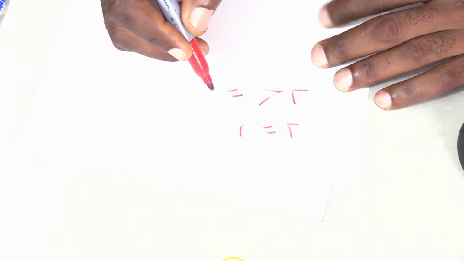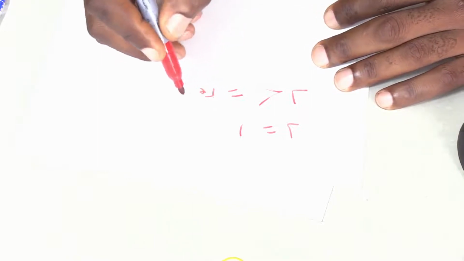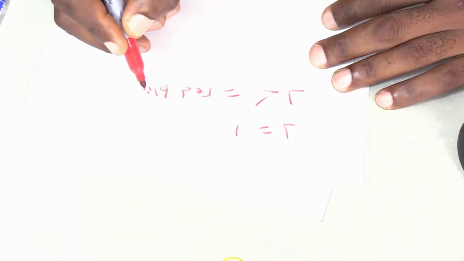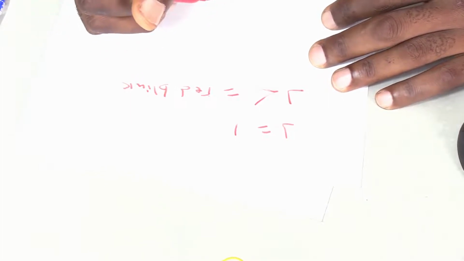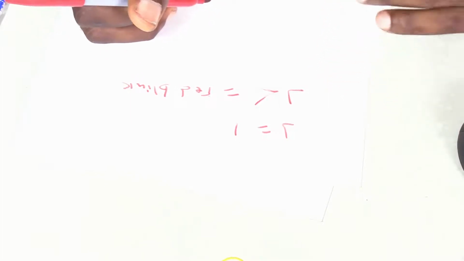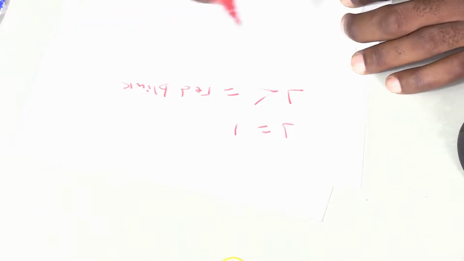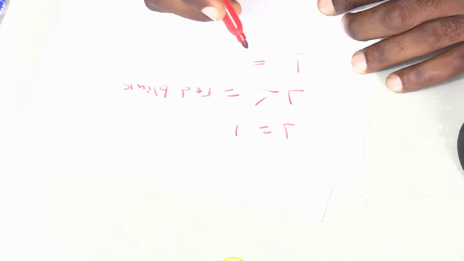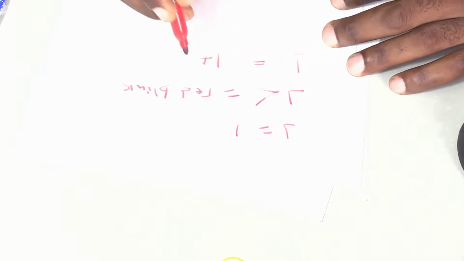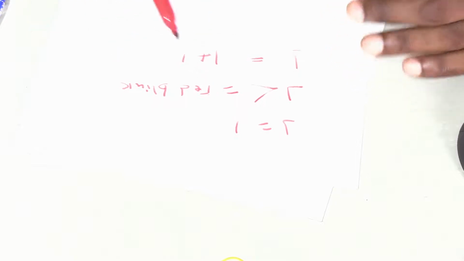Okay, let's say redBlink. Very good. J is equals to or less than that redBlink. Then you say again J is equals to J plus 1. Very good. And J plus 1 is 2. Okay, let's go. And redBlink is what?